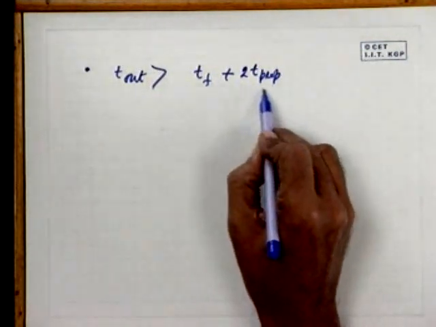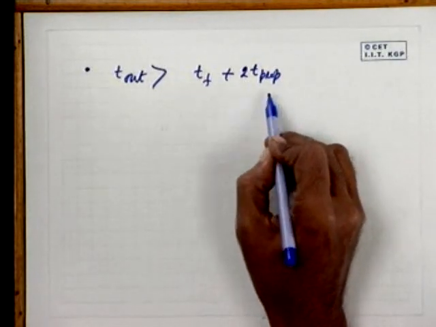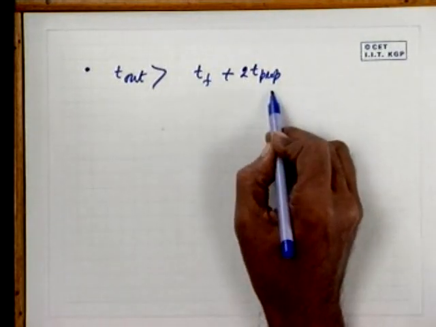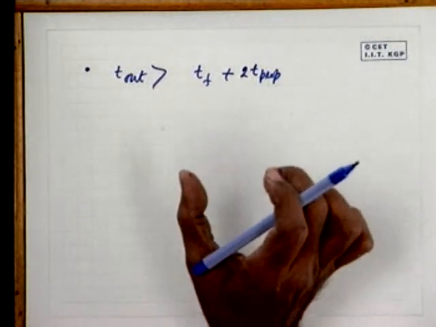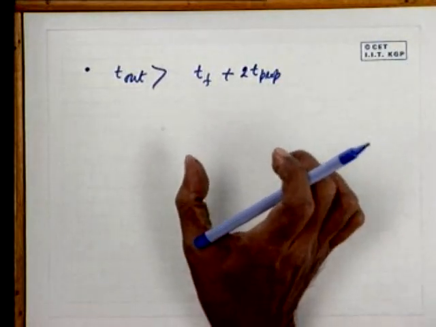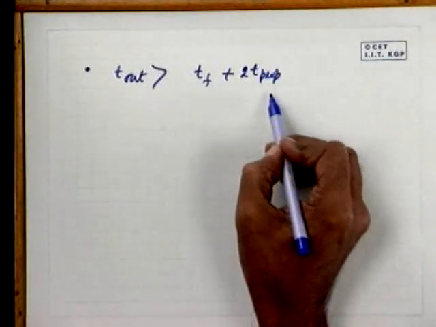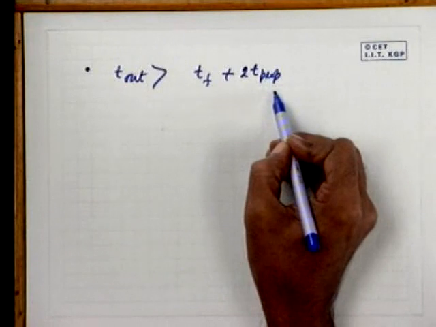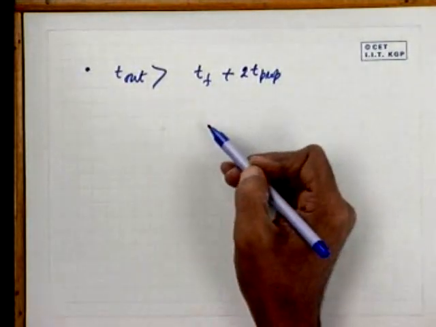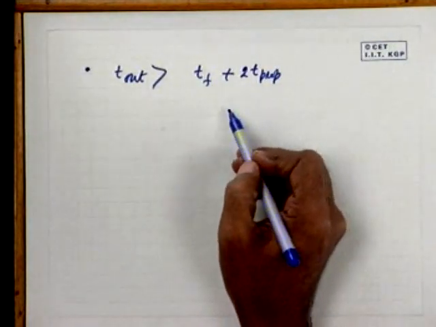So this is the minimum time for which the transmitter must wait before retransmission. The timer can be set with this minimum value, but it can be a little longer depending on the variable delay of the frames.